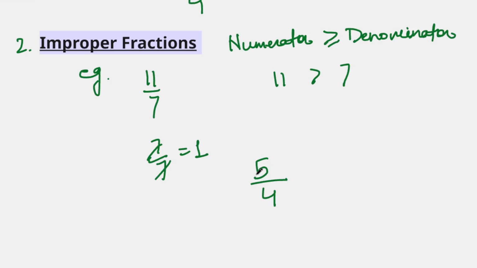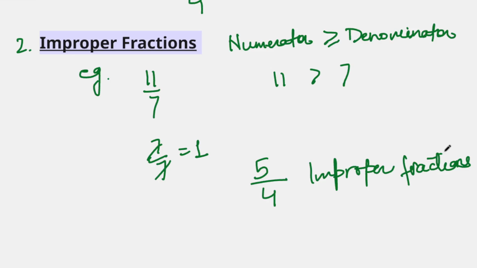Isn't it a little bit different? So this is an improper fraction. It doesn't seem right in our daily life. We can't eat 5 slices of pizza if we have cut the pizza into just 4 slices. So this was the improper fraction.